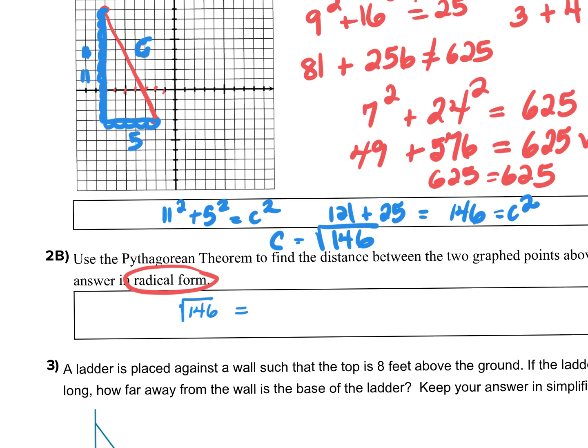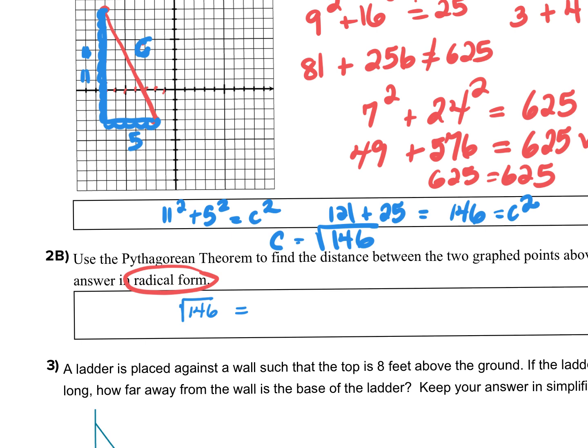The only reason I know that is process of elimination. I tried dividing 146 by several perfect squares, 4, 9, 16, 25, 36, and none of them give me a whole number.